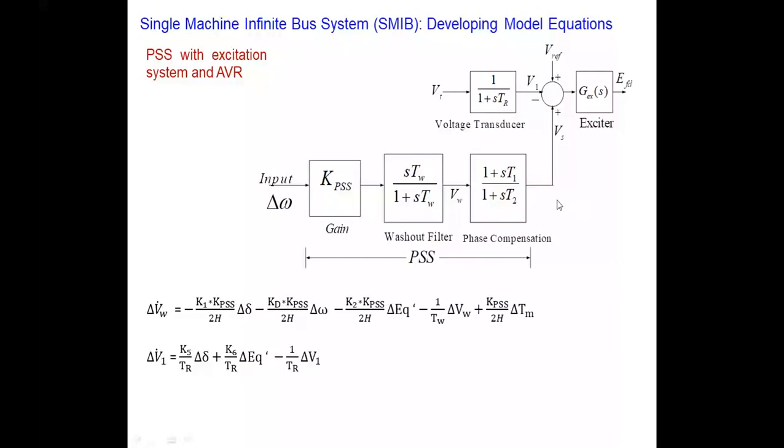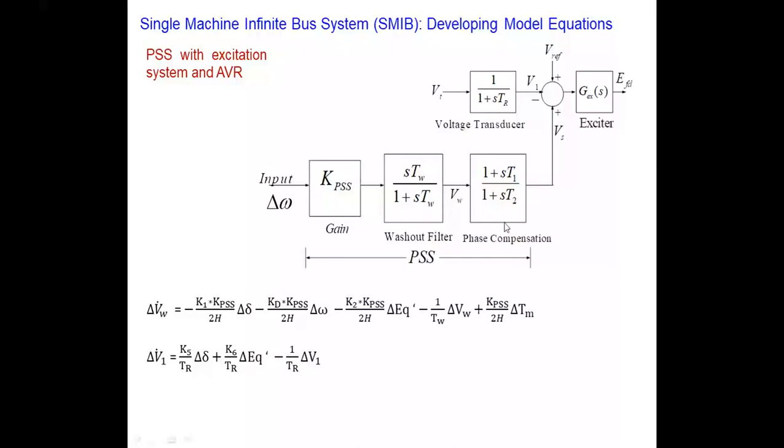And then you have the power system stabilizer blocks. So you have a signal delta omega, because let's say you want to stabilize the oscillation you observe in the delta omega state variable, right? So you have some gain, you have some low pass filter, or washout filter, and then some compensating device here.